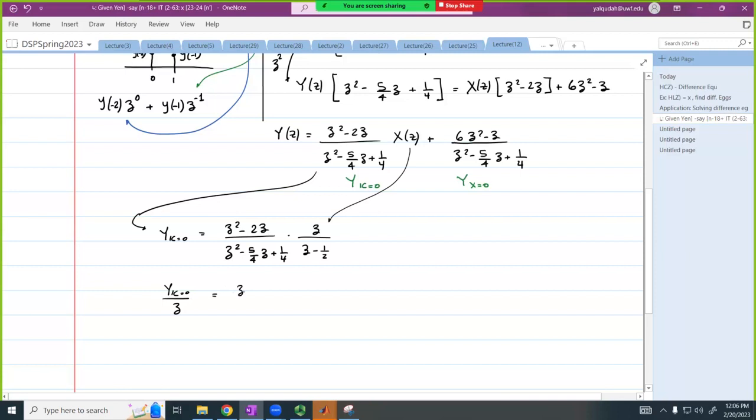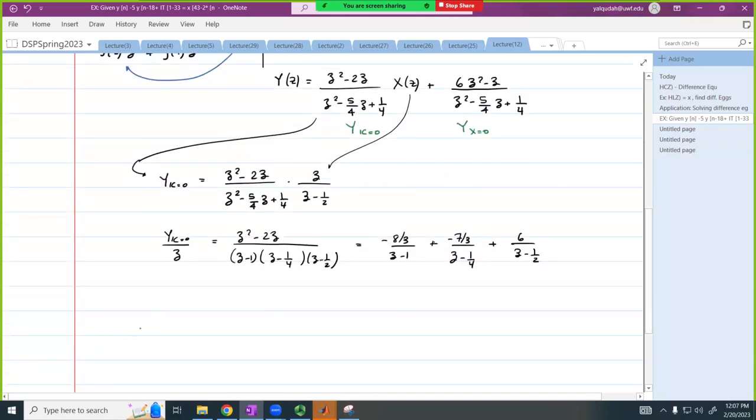This is going to equal z squared minus 2z divided by z minus 1, z minus 1/4, z minus 1/2, which is going to equal negative 8 over 3 over z minus 1 plus negative 7 over 3 divided by z minus 1/4 plus 6 over z minus 1/2. Then we're going to multiply back with the z.